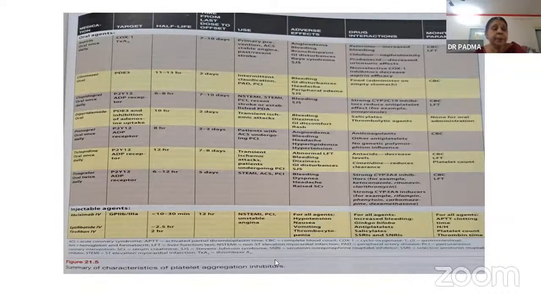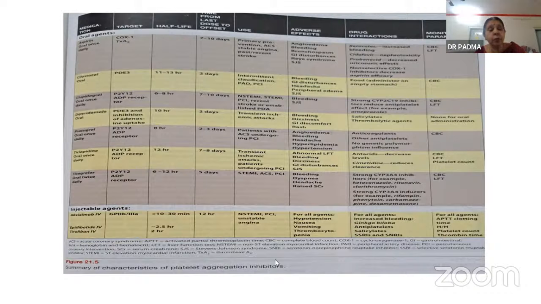Cilostazol is a peripheral vasodilator which we use in peripheral vascular diseases like claudication, or in any of these peripheral arterial diseases, with almost the same action but through PDE3. PDE is phosphodiesterase 3 inhibitor.